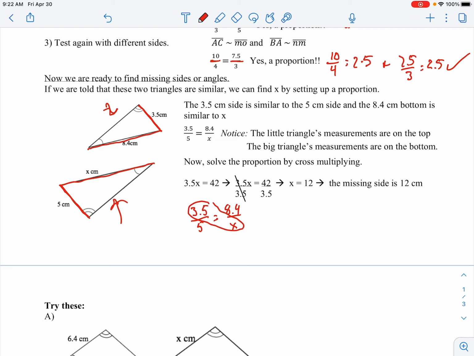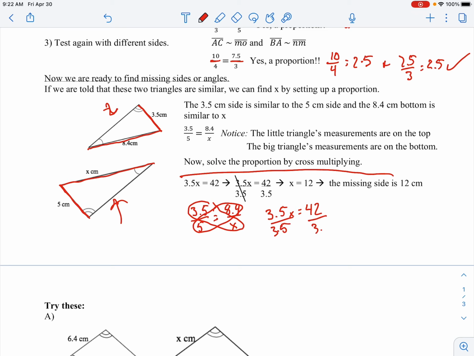This is where we're going to do our butterfly method once again. So 3.5 times x is equal to 8.4 times 5. Let me just figure that out real quick. 8.4 times 5. I know it's written there, but I'm just double checking. We're going through the exact process they're doing up here.